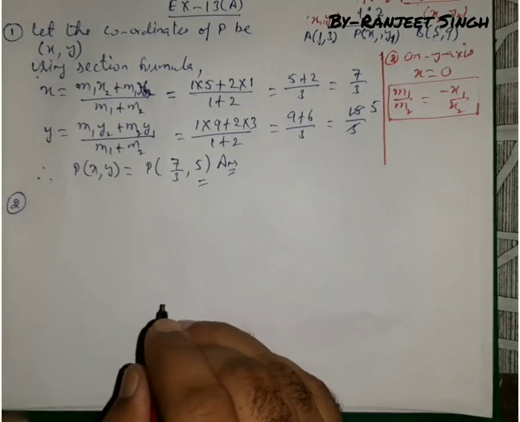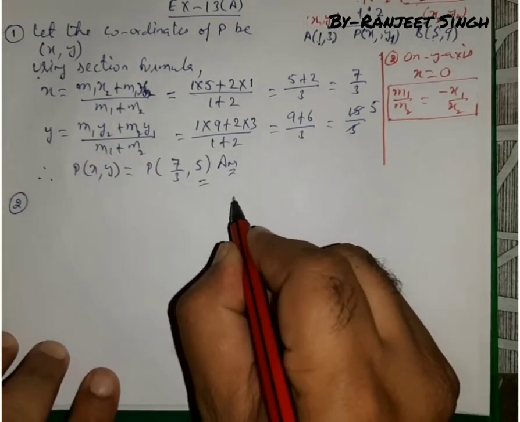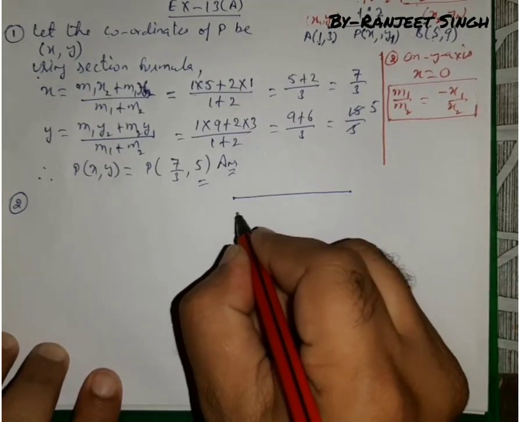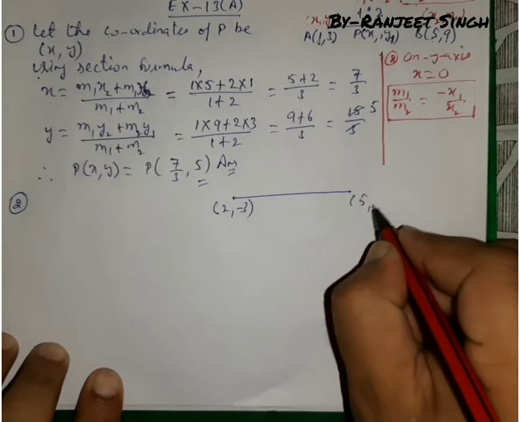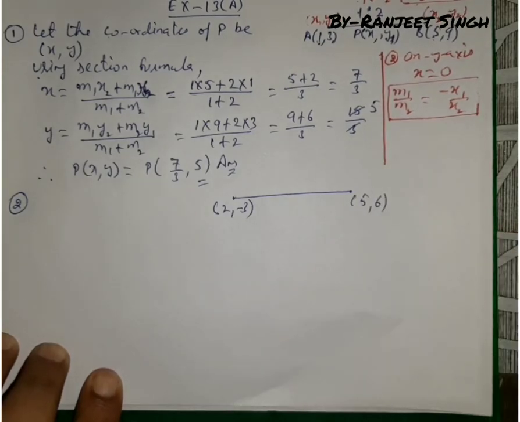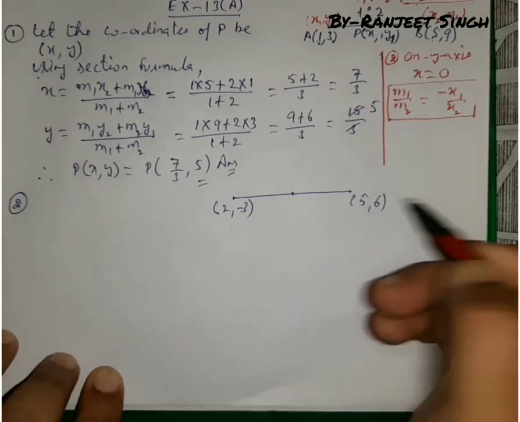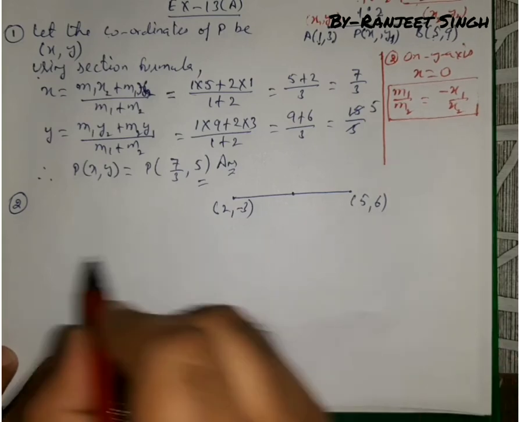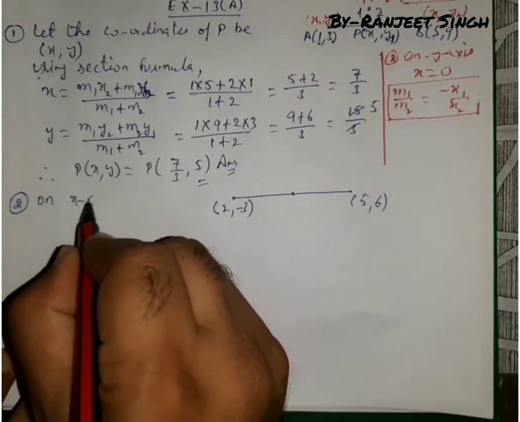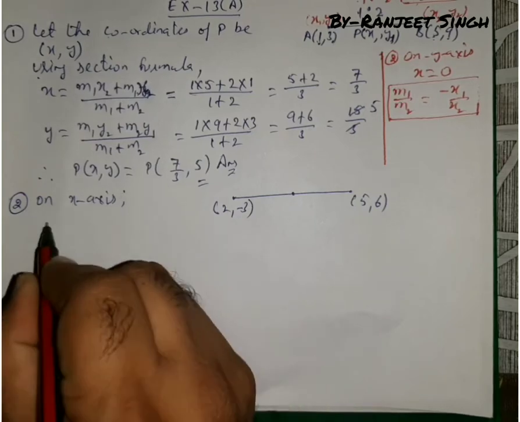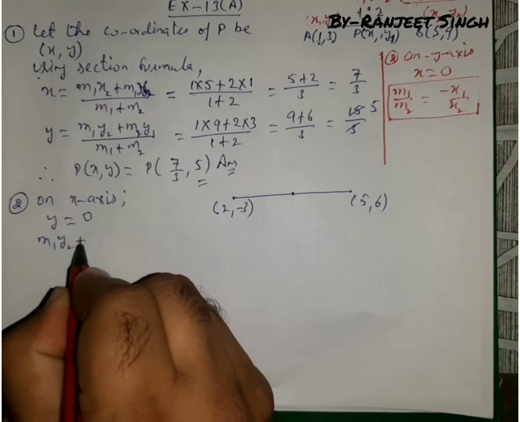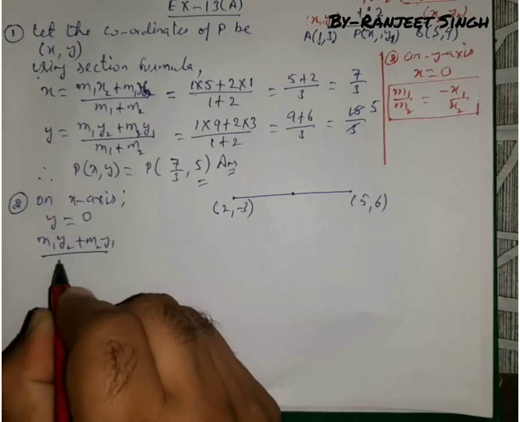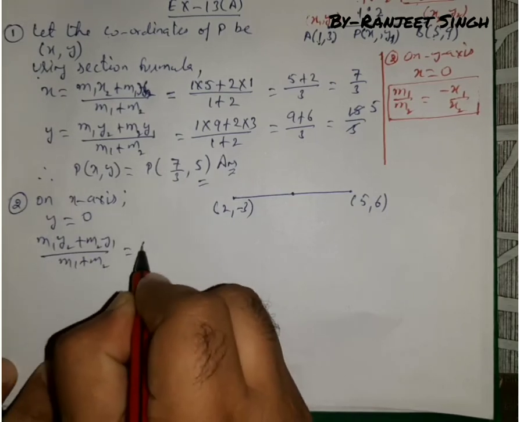So the question says the line joining 2 points 2 comma minus 3 and 5 comma 6, and we have to look where this line intersects the x-axis. So on x-axis we know that y is equal to 0, means m1 y2 plus m2 y1 over m1 plus m2 is equal to 0.